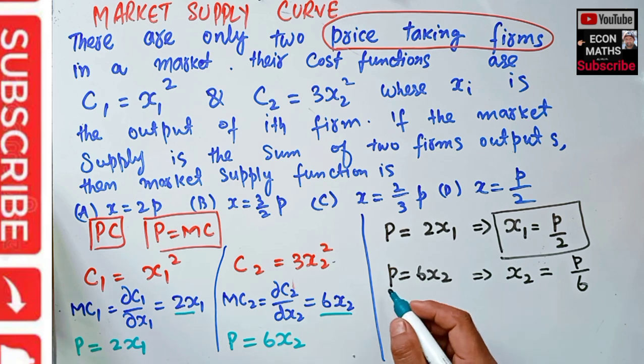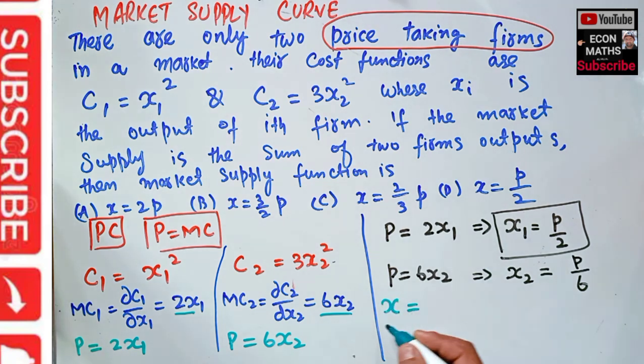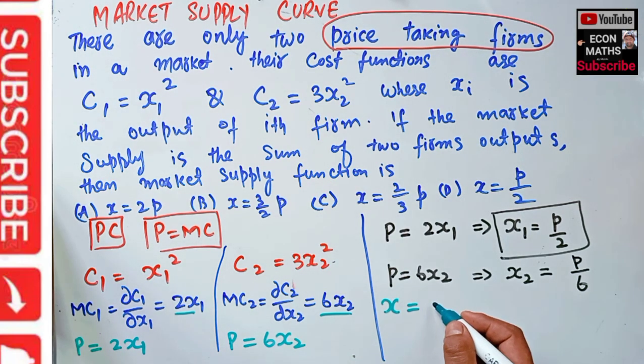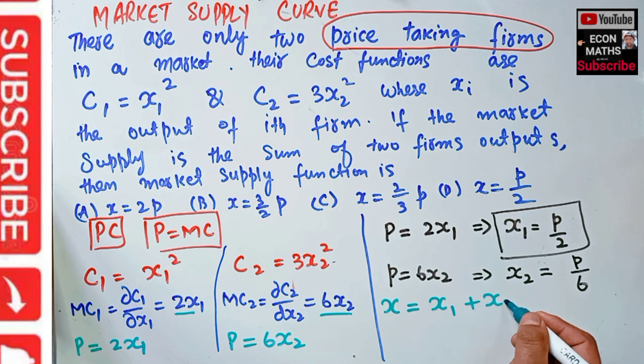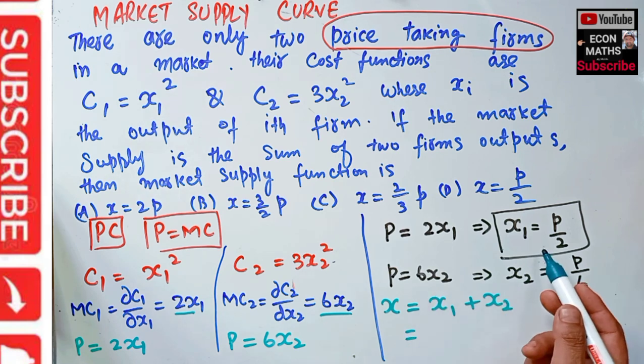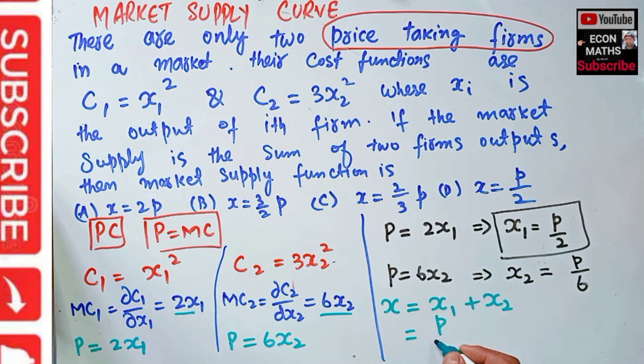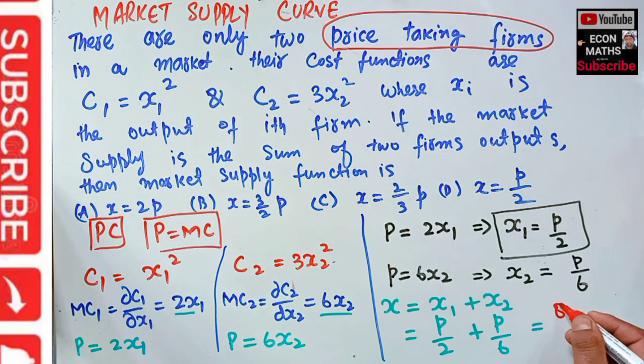So these are the individual supply functions. Now to find the market supply function, let's denote it by x. The market supply will be equal to the output of firm 1 plus the output of firm 2. The output of firm 1 we calculated as p upon 2, and the output of firm 2 is p upon 6. Let us do some multiplication here. 6p plus 2p is 8p, so we get 8p upon 12.